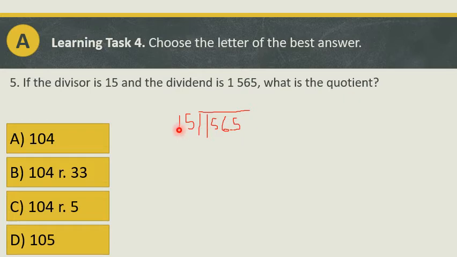So, sa 1, hindi pwedeng i-divide sa 15 kasi mababa. So, 15, pwedeng i-divide sa 15. So, 15 divided by 15 is 1. And 1 times 15 is 15. 15 minus 15 is 0. So, bring down 6. Huwag na natin isulat yung 0 sa unahan. Okay? So, bring down natin yung 6.